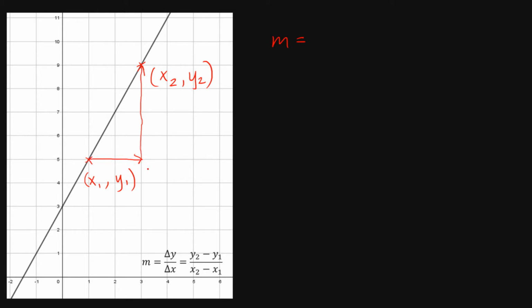These changes are called the delta y divided by the delta x. And we find it by taking y2 minus y1 over x2 minus x1.